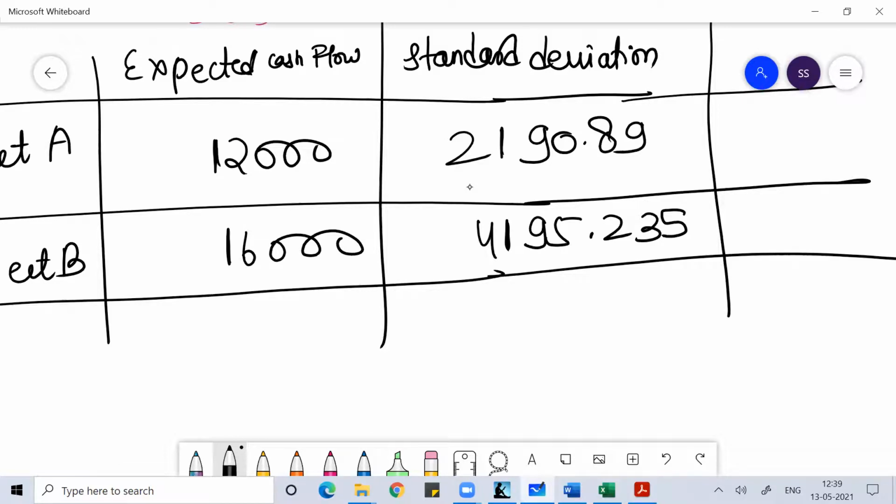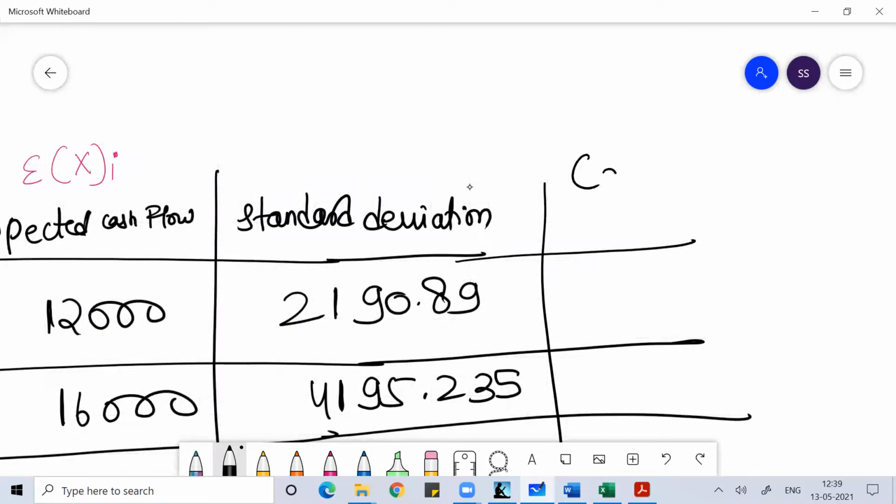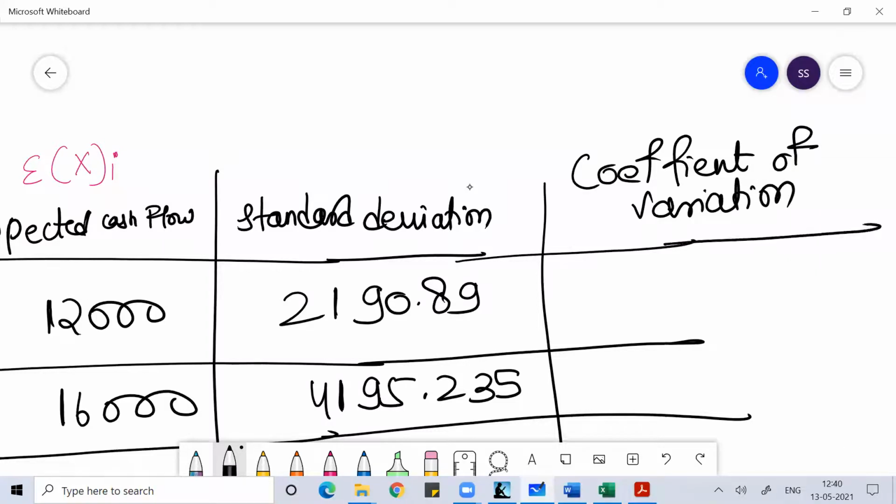So whenever you have to make a judgment, the best way to decide is to find the coefficient of variation. The coefficient of variation of project A is the standard deviation divided by the mean, 12,000, into 100 if you want it in percentage.